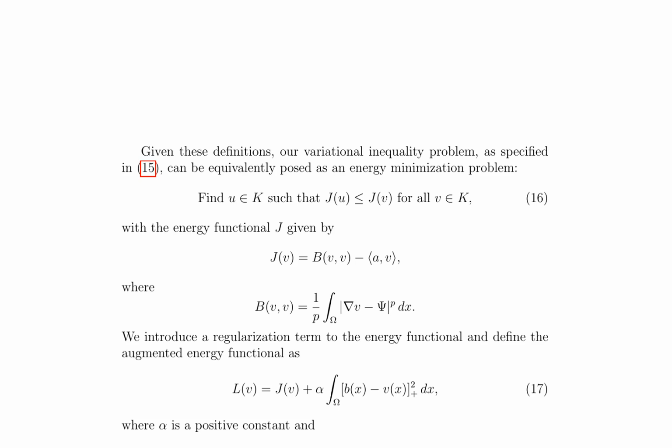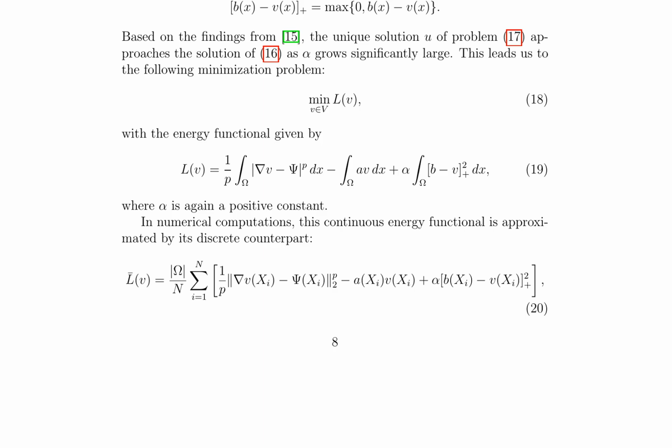Based on previous findings, the unique solution u of the regularized problem approaches the solution of the original problem as α grows large. This leads to the minimization problem min over v in V of L(v), with the energy functional given by L(v) = (1/p) ∫Ω |∇v - ψ|^p dx - ∫Ω f v dx + α ∫Ω (b - v)_+^2 dx.